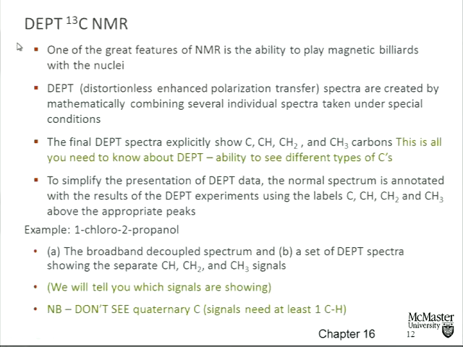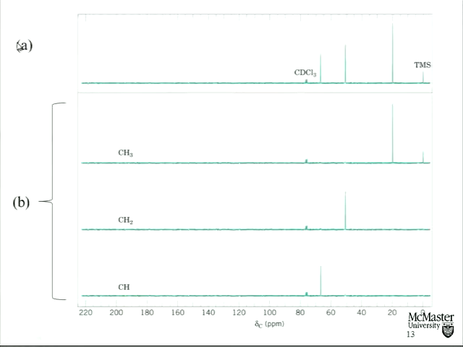So here's the total carbon NMR at the top. In a DEPT experiment, we can tune it to only show us carbons in CH3 groups, only carbons in CH2 groups, and only carbons in CH groups. So we can sort the carbon NMR spectra by whether they are carbons of methines, methylenes, or methyls.